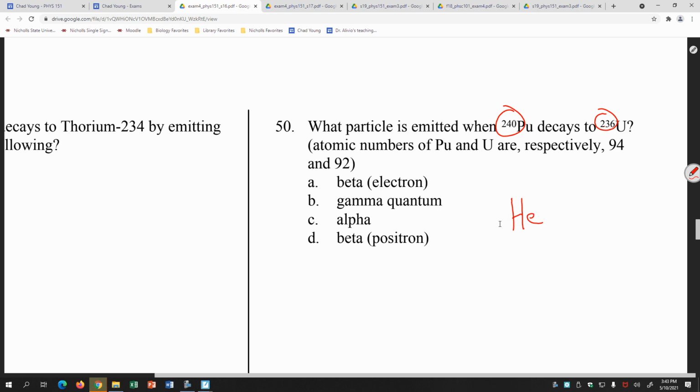That means that I'm emitting this big ol' honkin' alpha particle. It's a big particle, and that makes my atomic mass drop by 4. The alpha should stand out to you because you're changing the mass by a lot, or you're changing the atomic number by 2, right? So it's the only one that does that. All the others change it by 1.